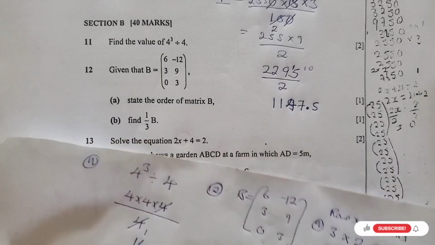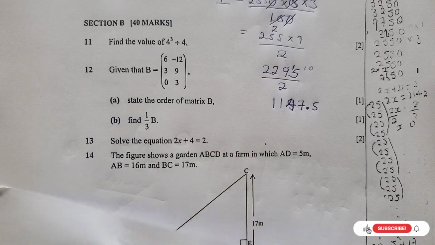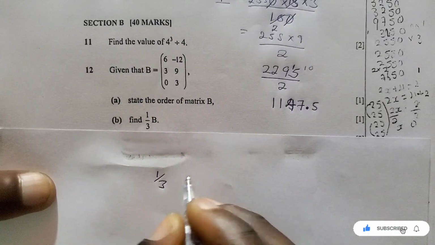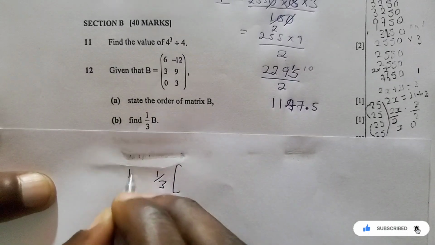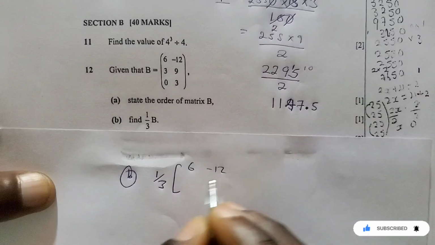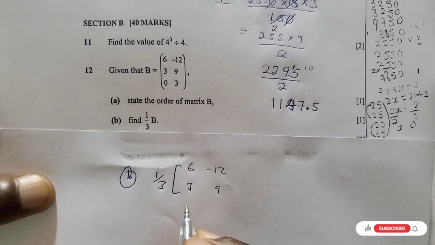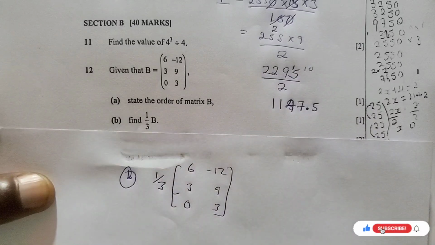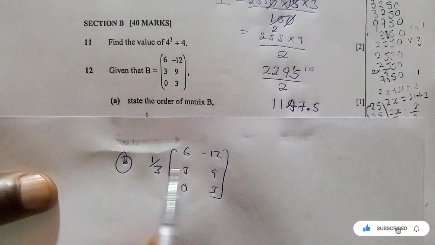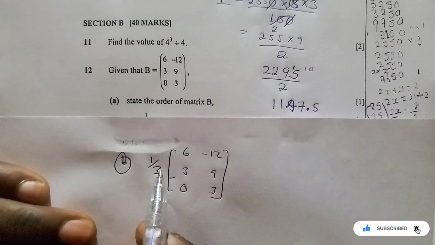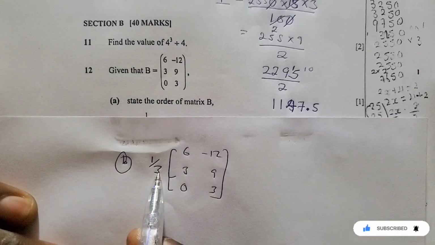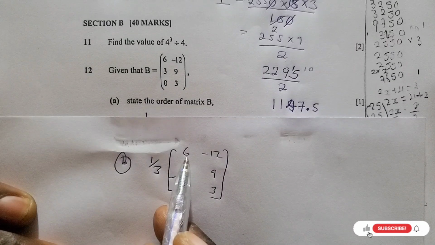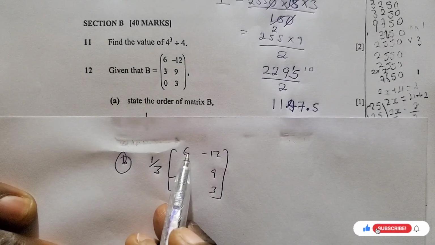Let me just write it like this: 1/3, open bracket, this is B, 6, negative 12, 3, 9, 0, 3. Then you multiply everything here. You remember that the denominator and the number here, they divide. But the numerator and the number here, you multiply.